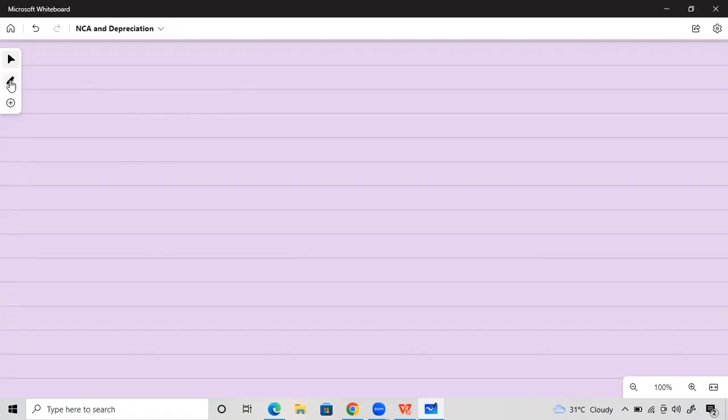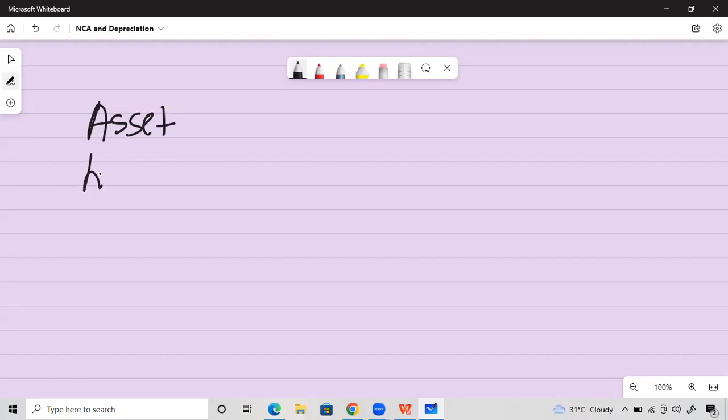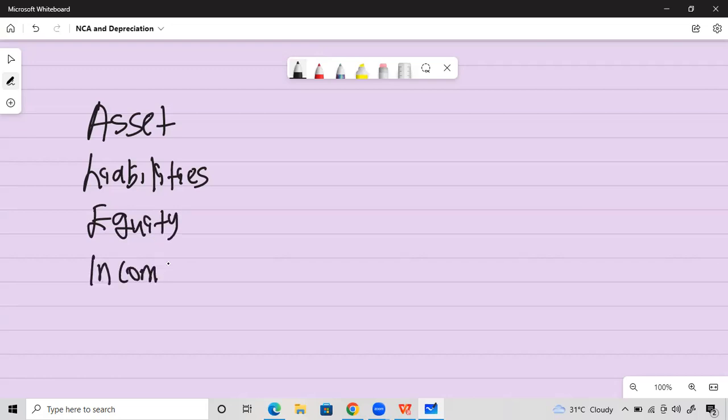One of them is asset. One of them is liability. One of them is equity. Another one is income. And we also have expenses as well.